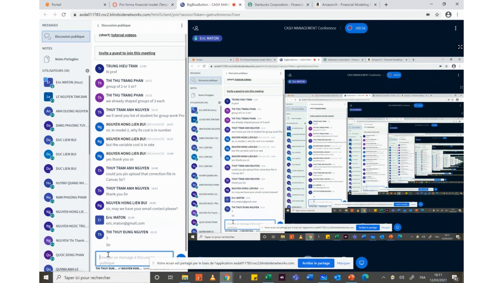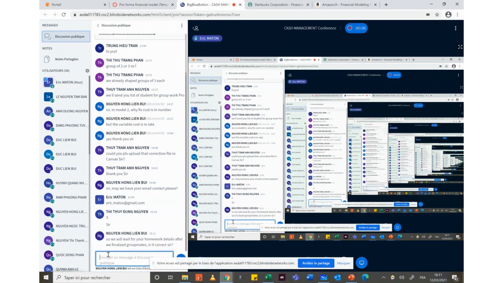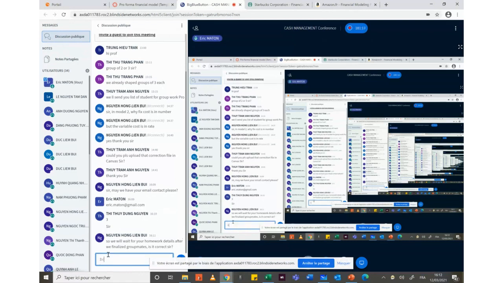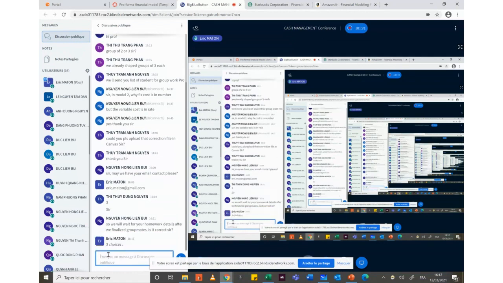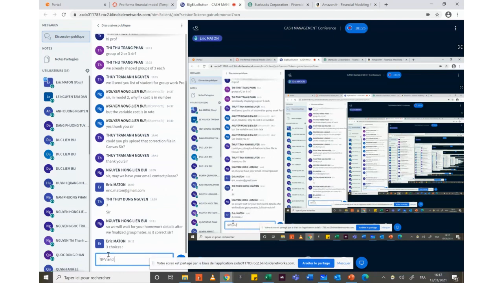If you want to reconcile the change in balance sheet with the statement of cash flow, you have to decide which company you want to study, and you have to choose American companies, because in this way we can have the Excel file. So first, you have 3 choices. You can decide to take the NPV and market value added project.